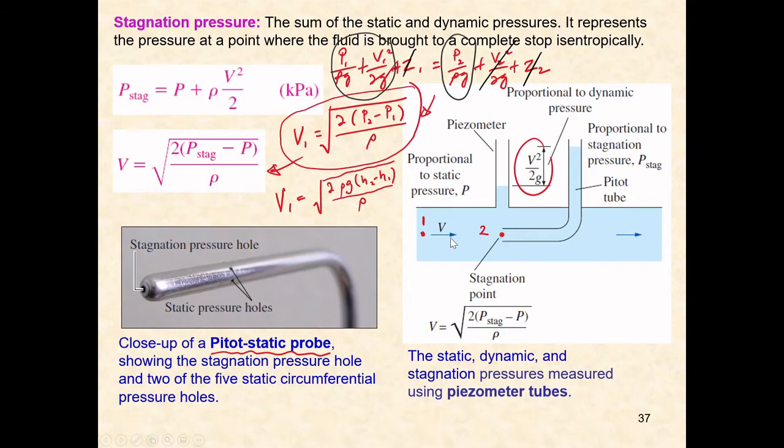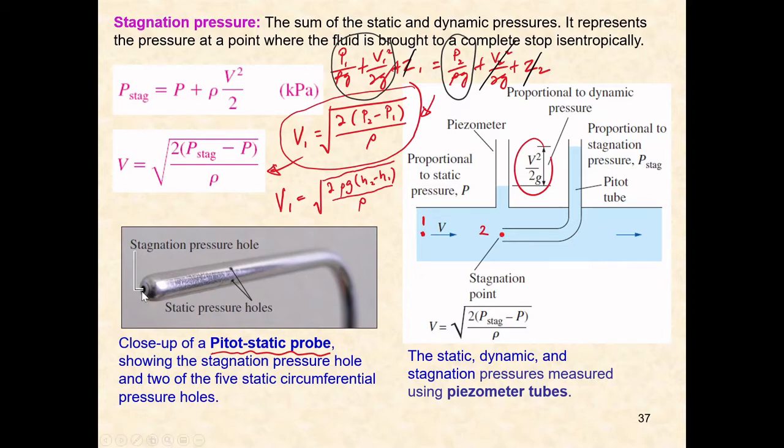So when the fluid is coming from, let's say, point 1 to point 2, at point 1 it moves at velocity v. When it reaches point 2, the velocity becomes 0. So at point 1 you have a velocity v, and at point 2 the velocity is 0. That is the point we call stagnation.